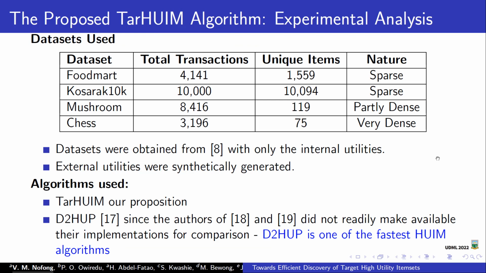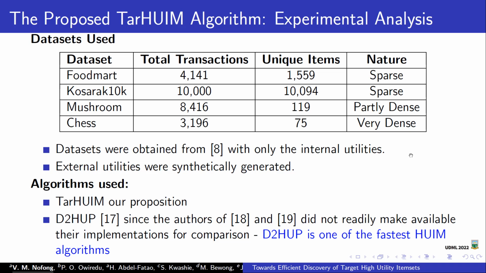For our experimental analysis to check the efficiency of our proposition, we use these data sets with their properties. We obtained the data sets with the internal utilities, so we had to synthetically generate the external utilities of these data sets. We compared our proposition with D2HUP.